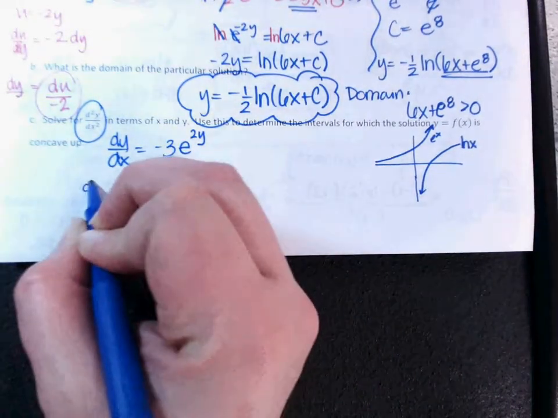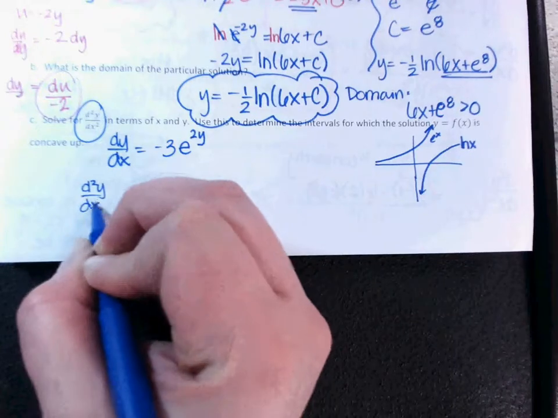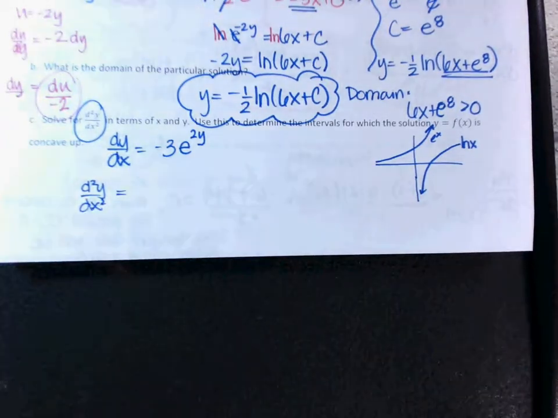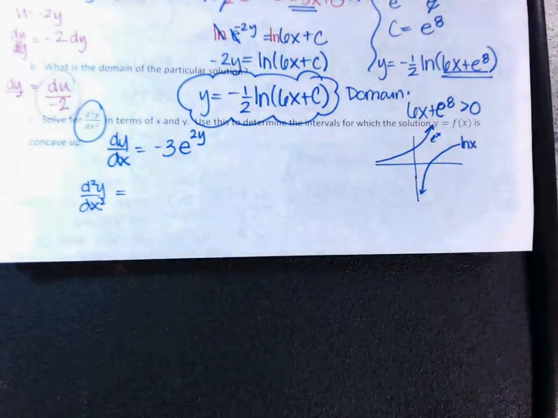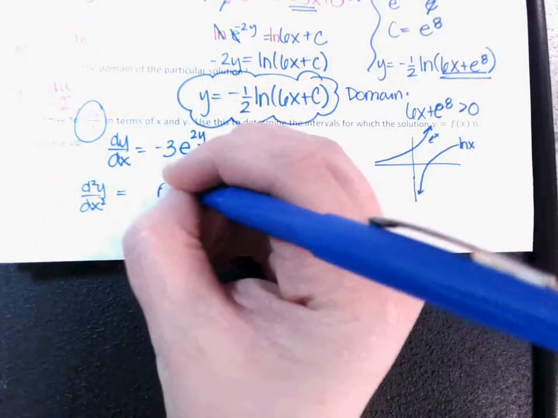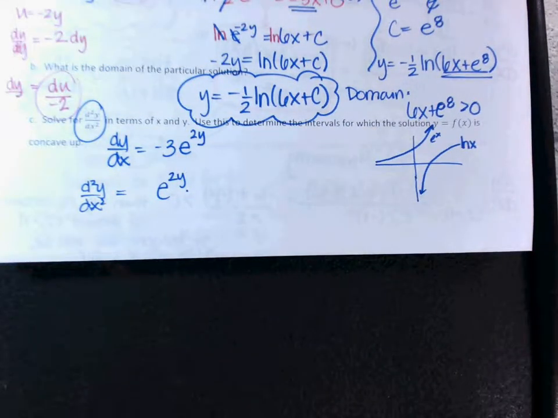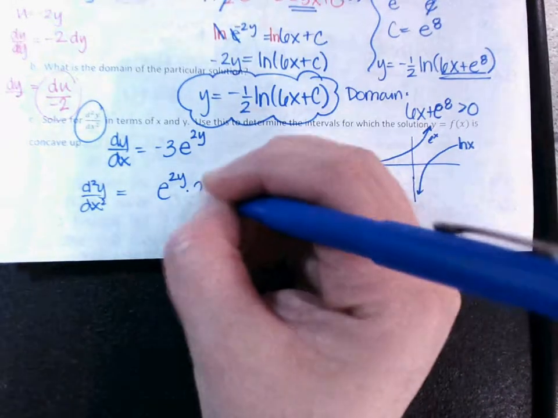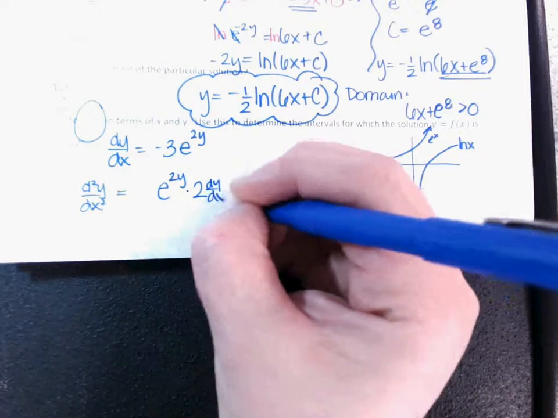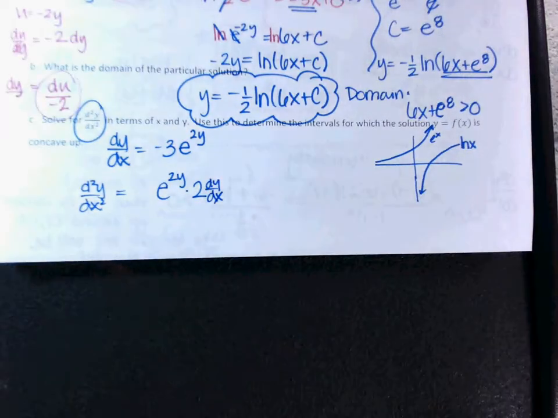What is the derivative? So I'll put d squared y/dx squared. What is the derivative of e to the 2y? E to the 2y times, okay, now careful, I want the derivative of 2y. Is it only a 2? 2 dy/dx, very good. Remember, the reason that the dy/dx has to be there is because you're taking the derivative of y with respect to x.